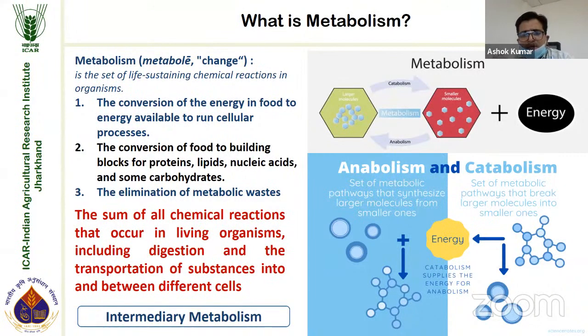So there are several classifications of the same, like anabolism and catabolism. It is a very basic concept. I hope you might be aware that anabolism is the biosynthetic process, all the processes relating to the biosynthesis of proteins, lipids, nucleic acids, carbohydrates, and other things which are very essential for the survival of living organisms.